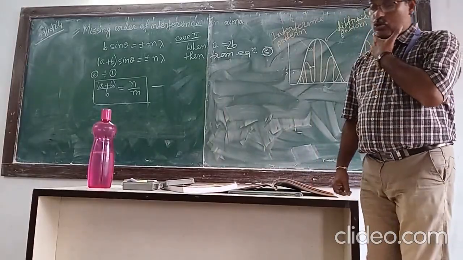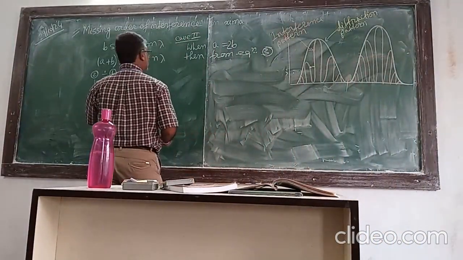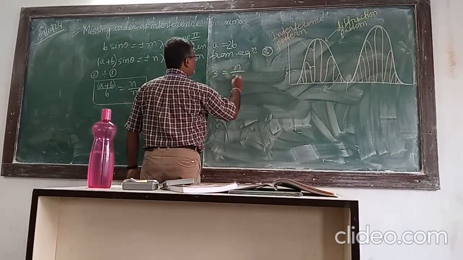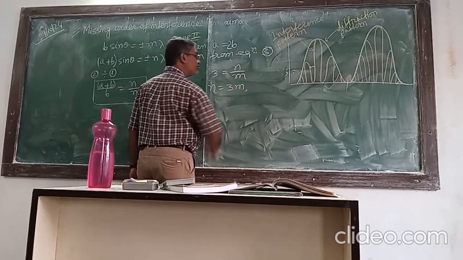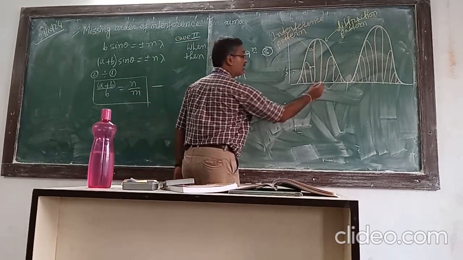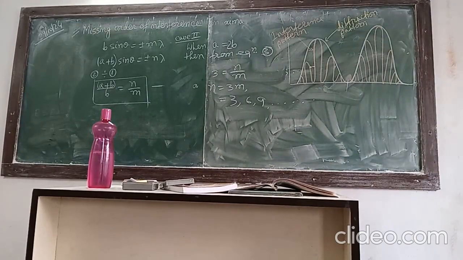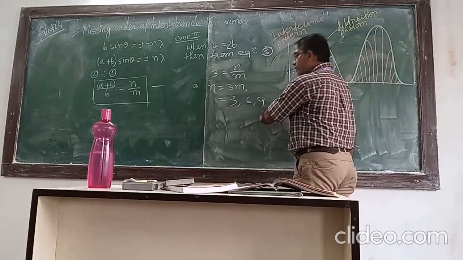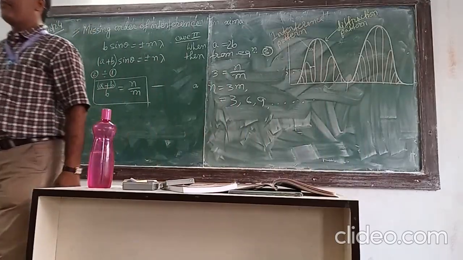Then (A plus B) by B is 3, so 3 equals n by m, or n equals 3m. That is 3, 6, 9. So when m equals 1, 2, 3, then n equals 3, 6, 9. That means the third, sixth, ninth order interference maxima will be missing.